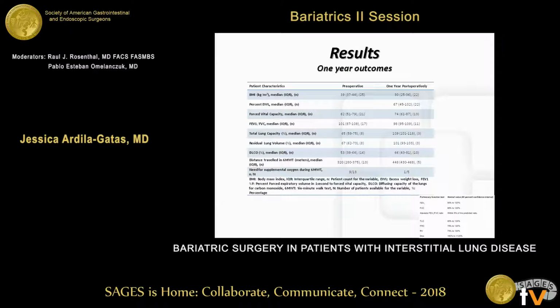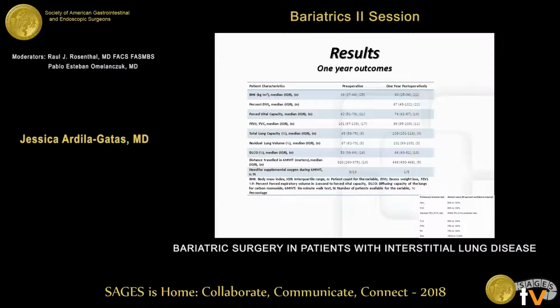In our 1-year follow-up, we could see that the BMI decreased from 39 preoperatively to 30 postoperatively. Unfortunately, we did not have all the PFT values for the entire cohort postoperatively, but for the patients that we did have the data, we can see how all of their function tests actually increased.